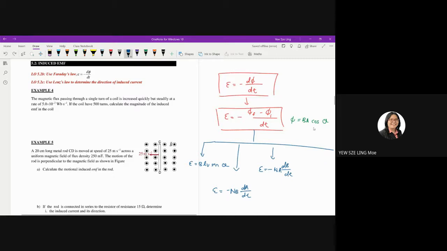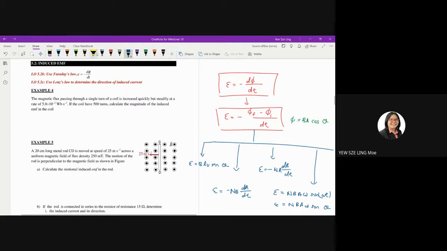Where we have EMF equals NBA omega sine omega t, or we can also write EMF equals NBA omega sine theta.